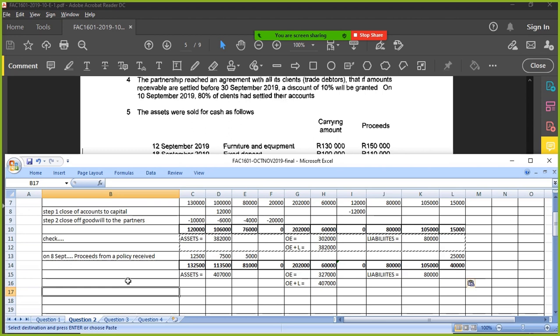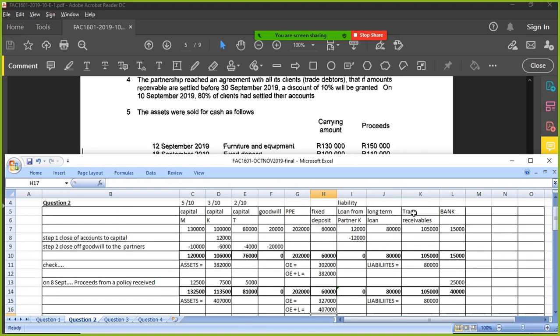Okay, so proceeds from the receipts from debtors. So 80% of your debtors.